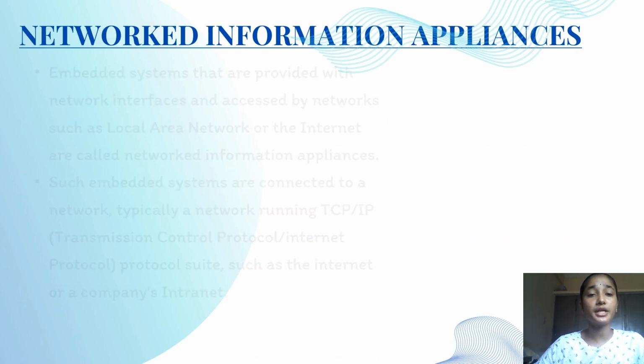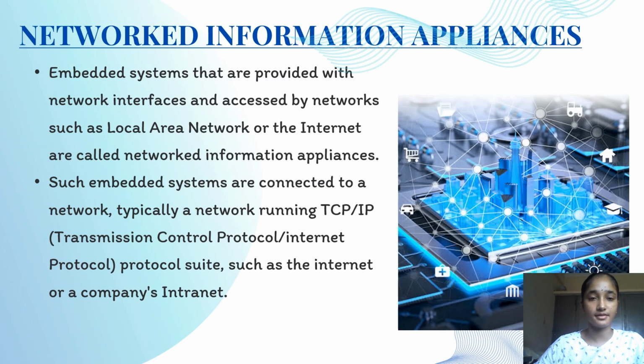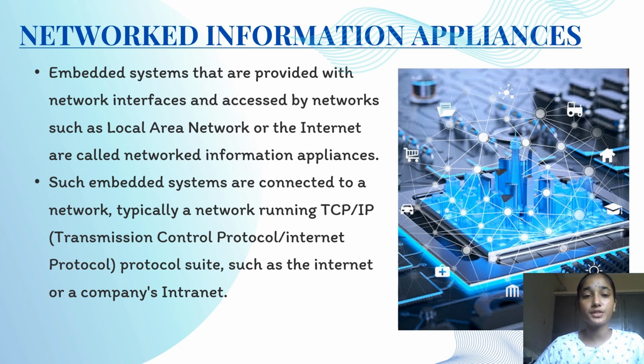Then we move on to network information appliances. This is a picture which shows the network. Embedded systems that are provided with a network interface and accessed by networks such as a local area network or the internet are called network information appliances.